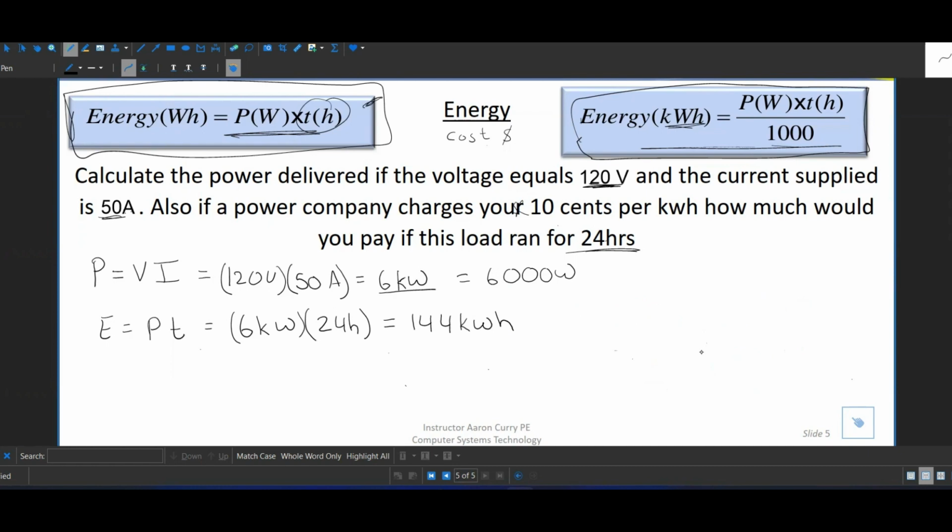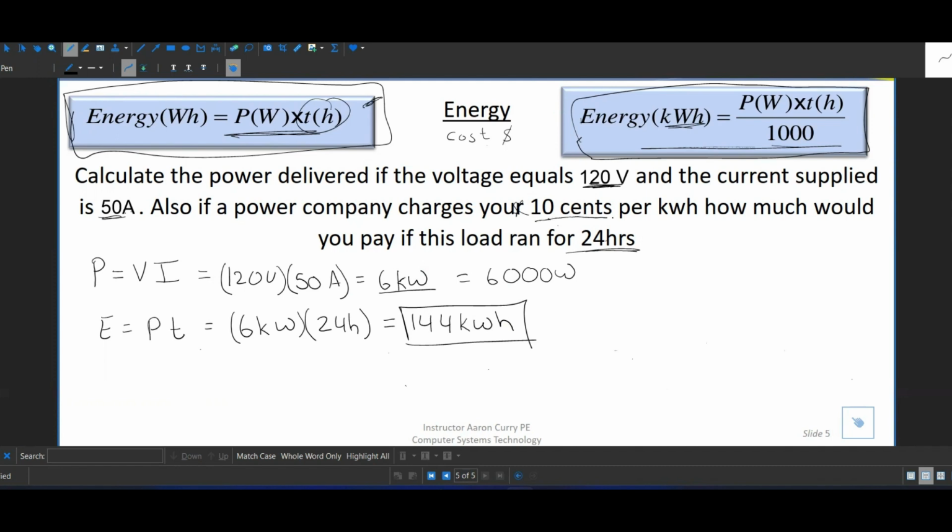All right, so we got the first part, calculate the energy. Now they want to know how much it would cost to run this load for 24 hours. Most utility companies have a rate where it's given in cents per kilowatt hour.